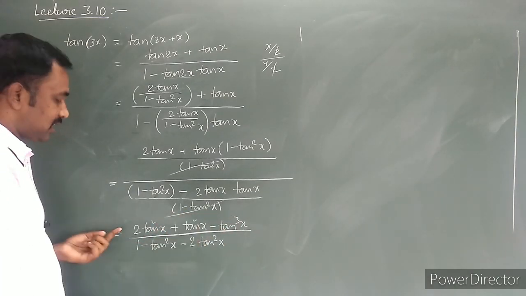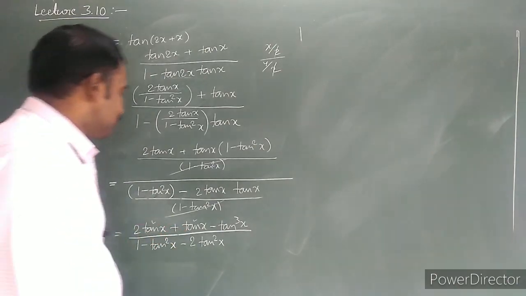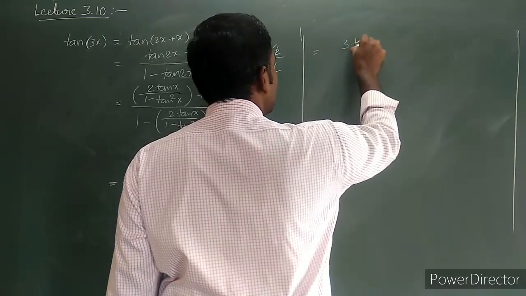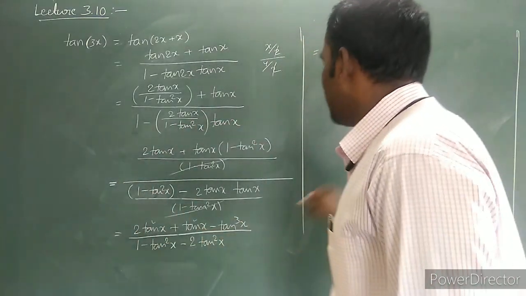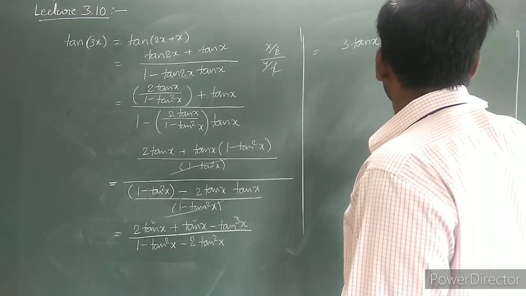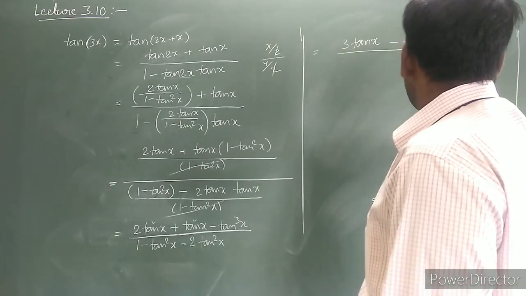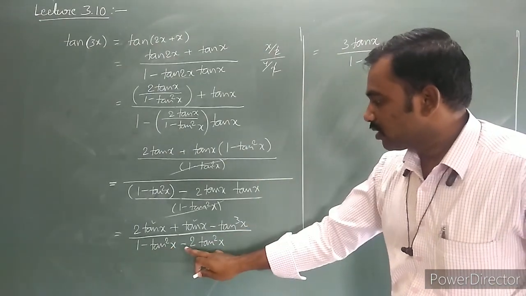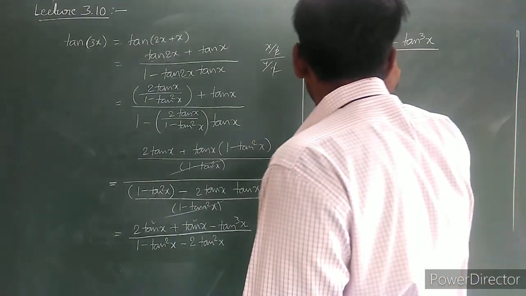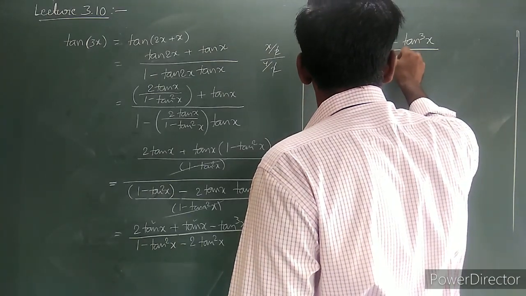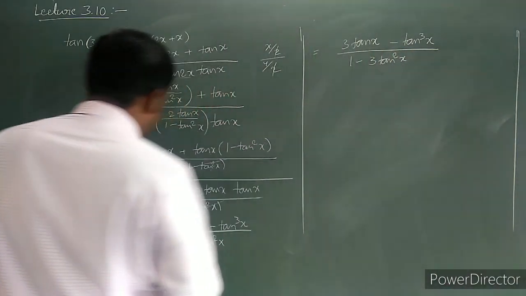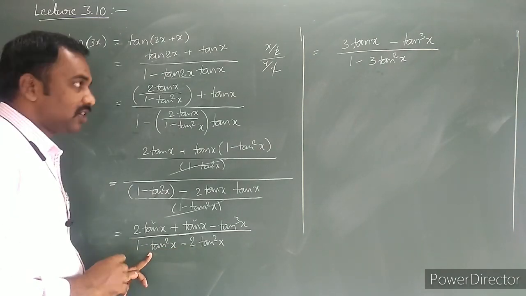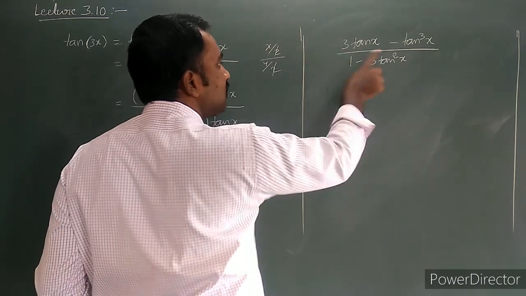First two terms are like terms: 2 tan x plus tan x is 3 tan x, minus tan cube x as it is. Whole thing divided by 1 as it is, minus tan square x minus 2 tan square x. Can I write it as minus 3 tan square x? Yes, that becomes minus 3 tan square x.